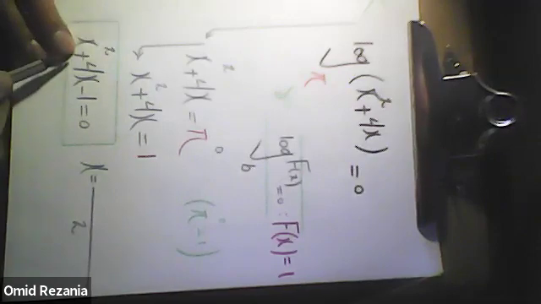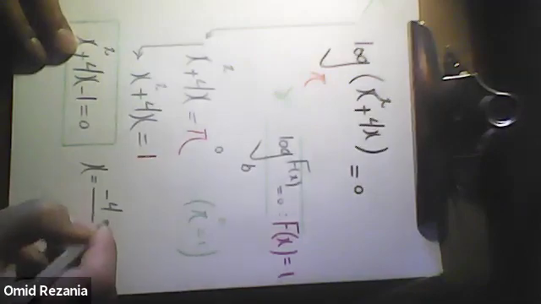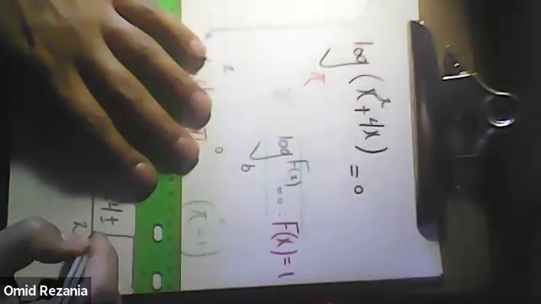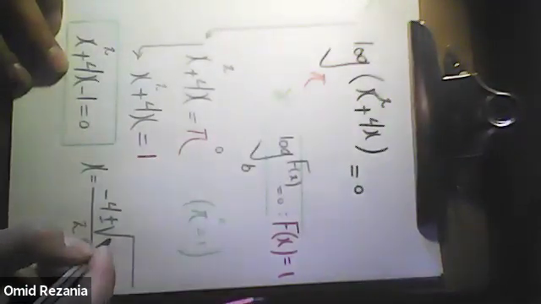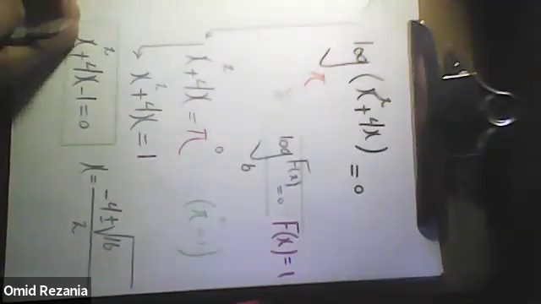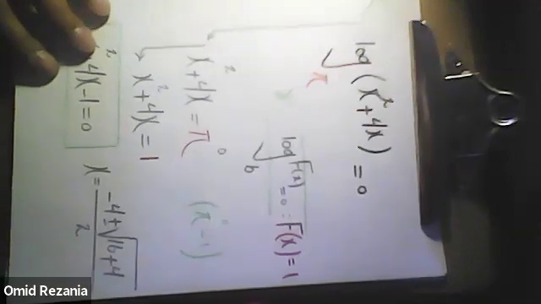I have minus the coefficient of x, which is minus 4, plus and minus the square root of what? 4 squared becomes 16, minus 4 times 1 times minus 1 becomes plus 4, huh? Right?